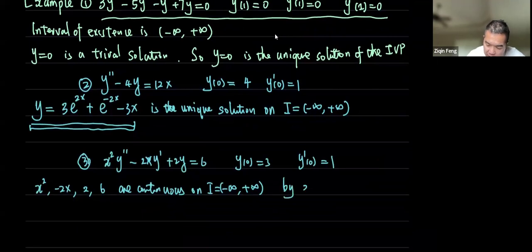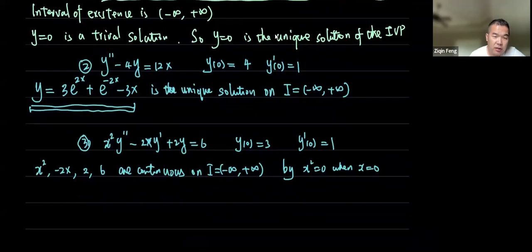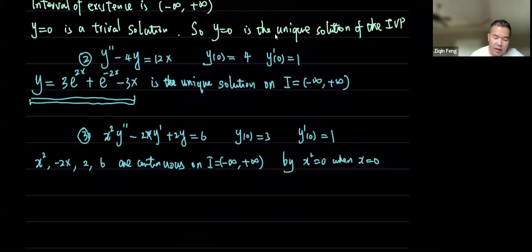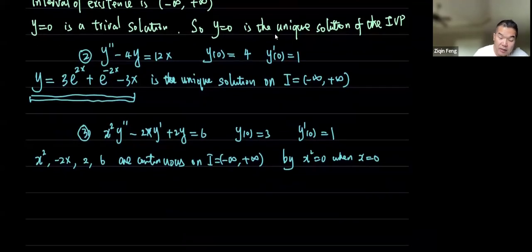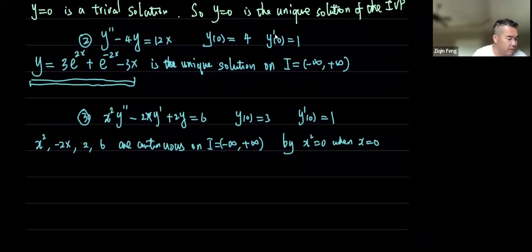But you can see that x squared equal to 0 when x equal to 0. So the coefficient of the leading derivative could be 0 in this case. So the condition is not satisfied. And you can verify this equation has infinitely many solutions, right?